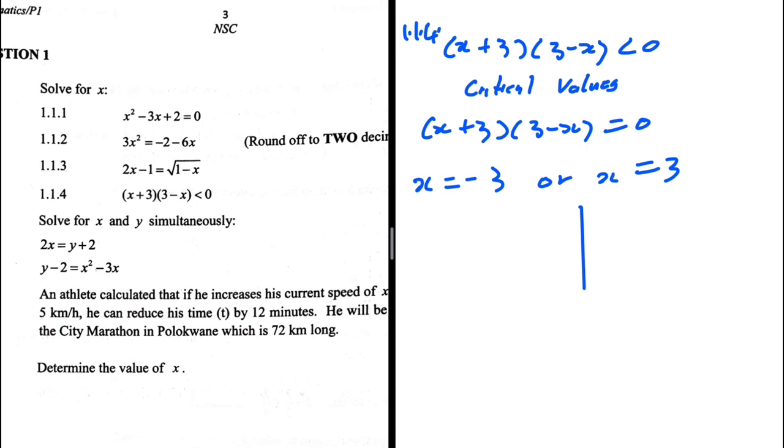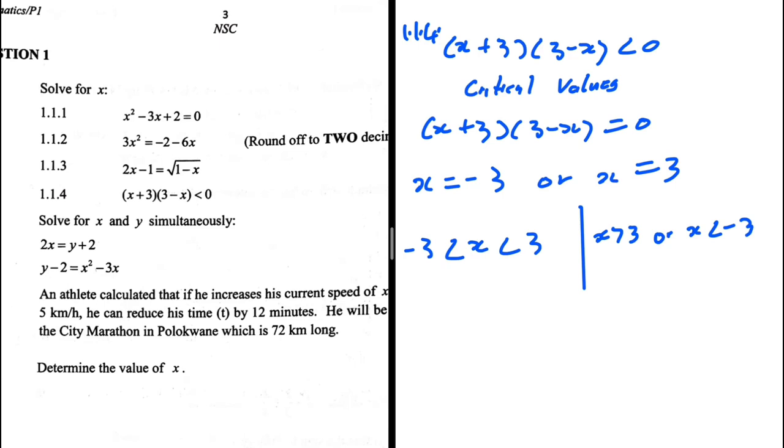Your answer lies between the critical values or outside the critical values. If it lies between the critical values, x will be between -3 and 3. And if it is outside the critical values, x will be greater than 3 or x will be less than -3. These are our possible solutions.